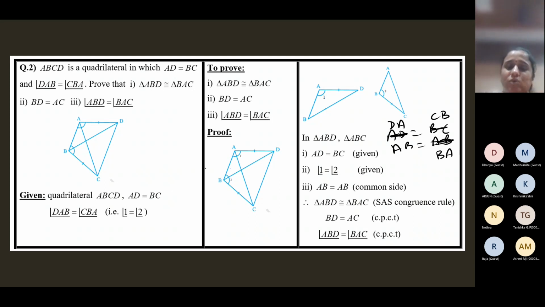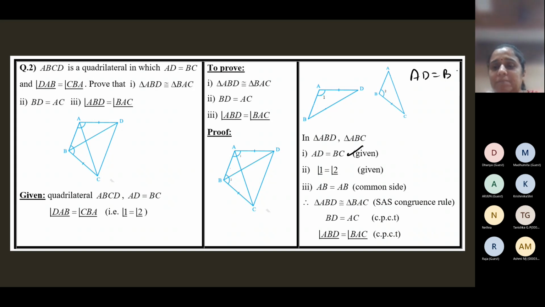Children, do this in the rough work. You don't have to change the proof here. In the rough column, this is just for you. So write out the two things you've written. AD is equal to BC. Then write the other one, AB is equal to AB. Now, what is common here? A. So write this as DA.